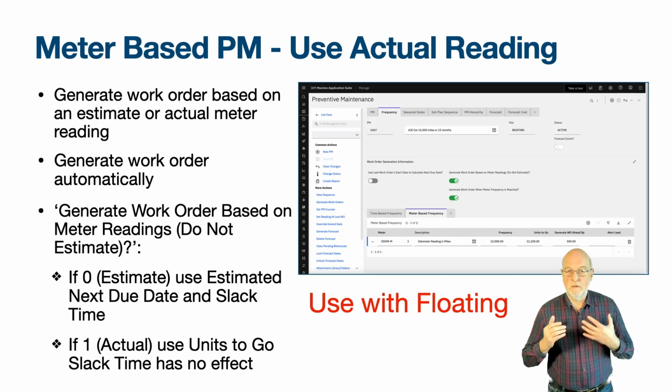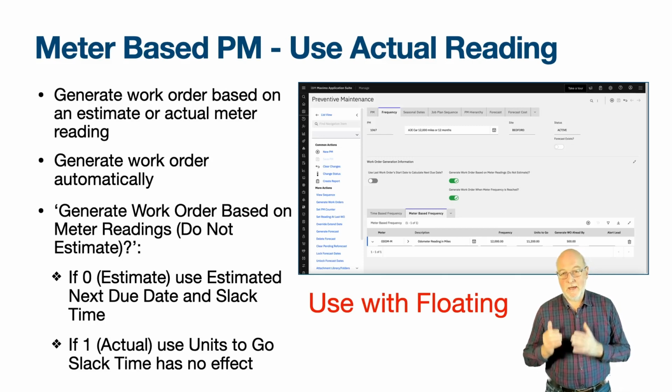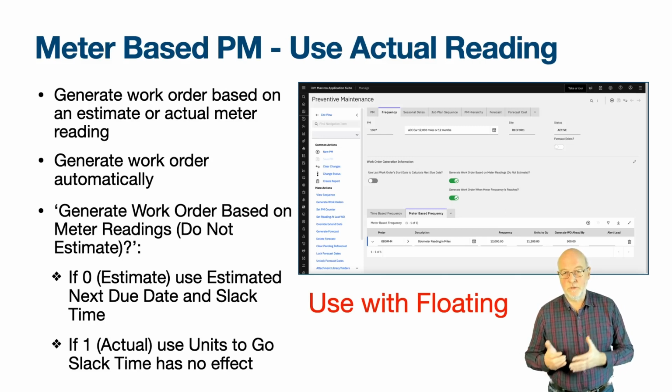As a summary, for meter-based PMs, you need to ask yourself whether you wish a work order to be generated based on an actual meter reading, reaching the point at which a work order will be generated, or whether you accept that a work order can be generated based on an estimated projection using the average units per day of the meter.